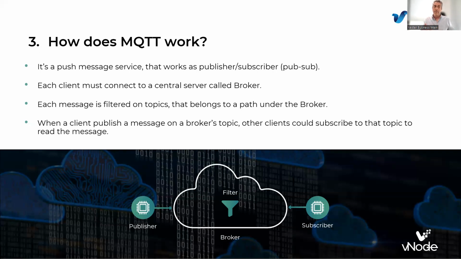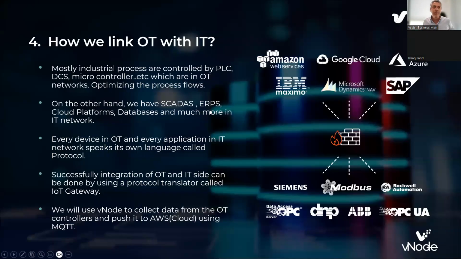Then the subscribers are going to subscribe to a specific title, a specific topic, and every time that topic has a new message, all the subscribers are going to get the message from the broker. Okay, so of course, this is a very simplified way to describe how MQTT works, right?